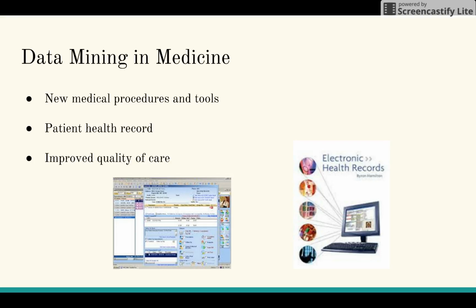We can then use the health record to actually predict the treatment of a patient and also to improve the quality of care given to a particular patient. It can also help physicians with the treatment of care instead of just being used as a place to store information. It can actually be used as something that helps us improve the care of all of our patients.